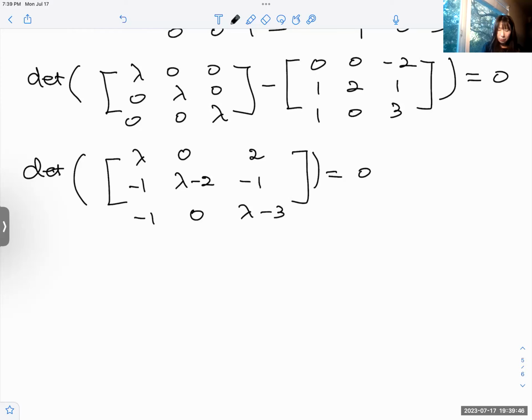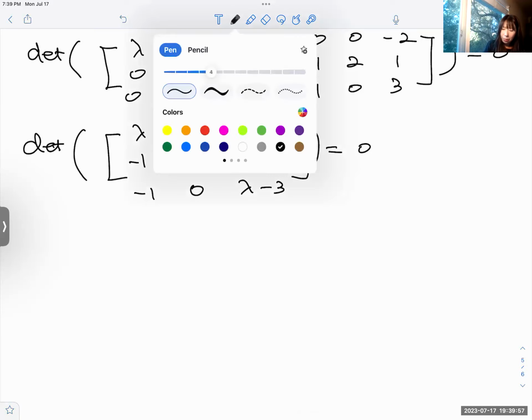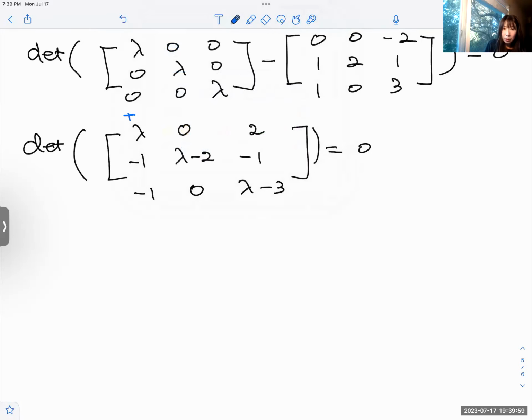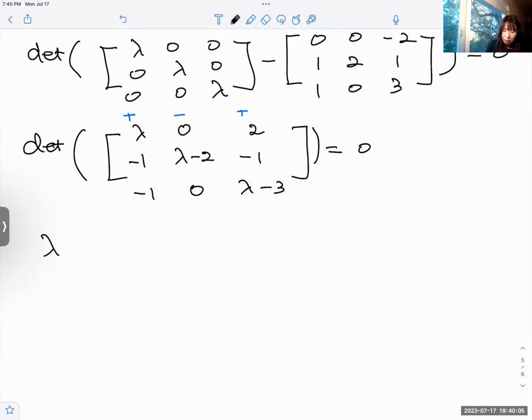All right, so we will take the determinant of that. A 3 by 3 is easy, right? So we can do that. We get lambda times the determinant of lambda minus 2, minus 1, 0, lambda minus 3, and minus 0. Good.